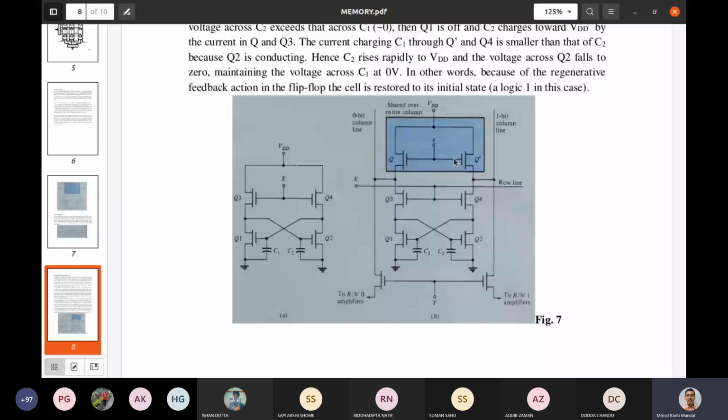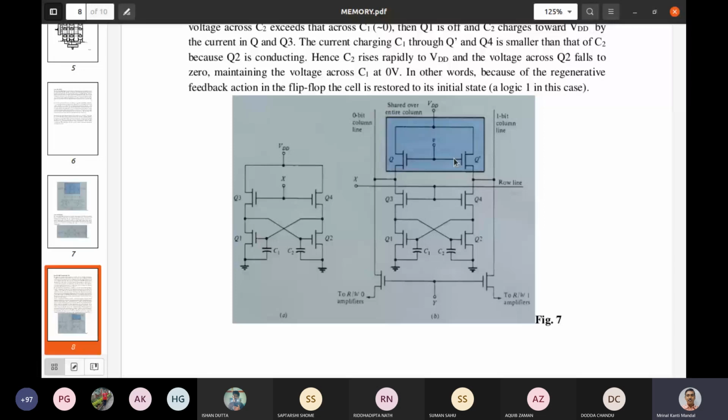So it consumes power only within that microsecond region compared to its total period. So the power consumption is less, the heating effect is also less in dynamic RAM, and it has high density. These are the advantages of dynamic RAM compared to static RAM.